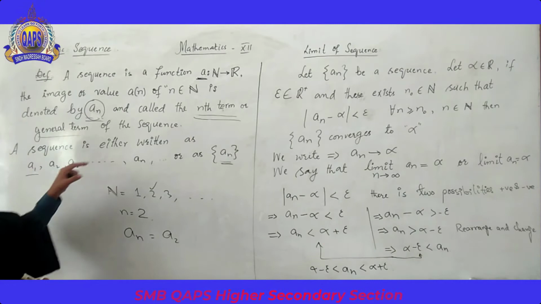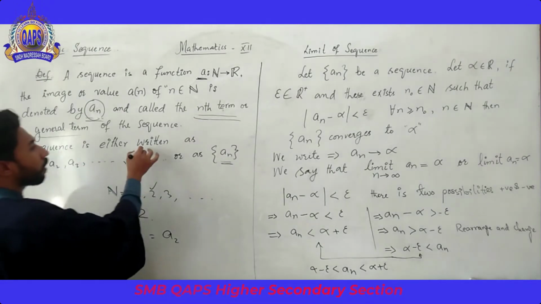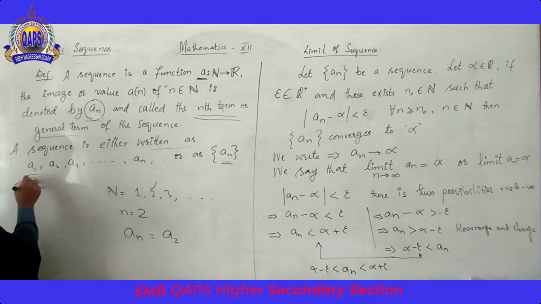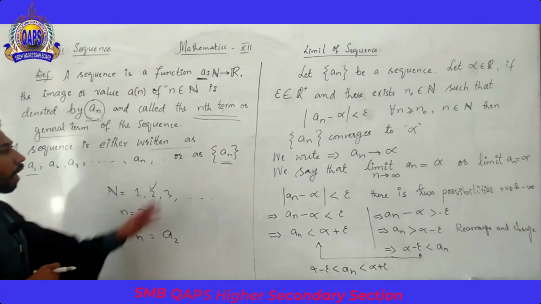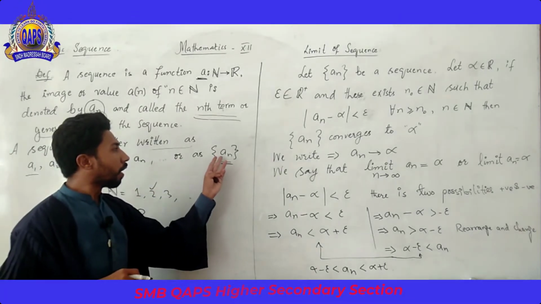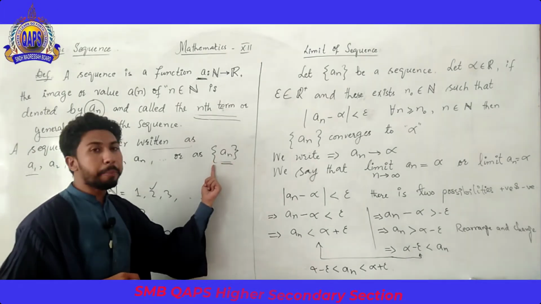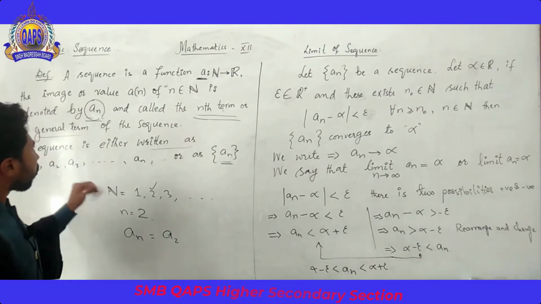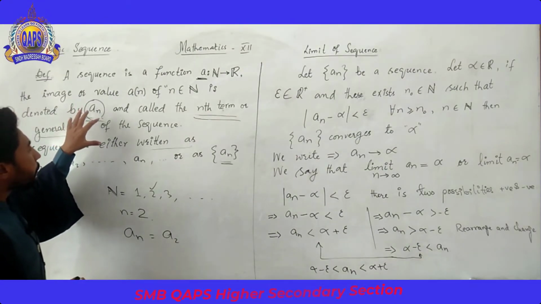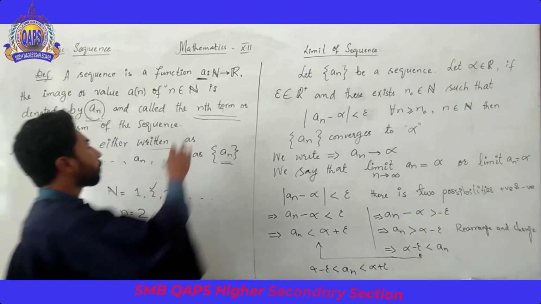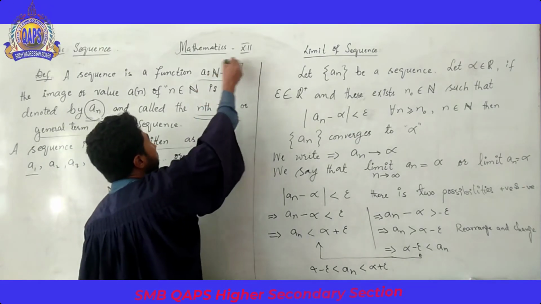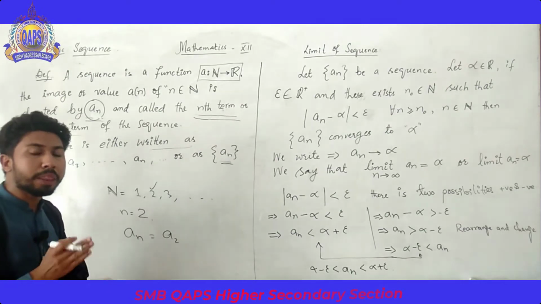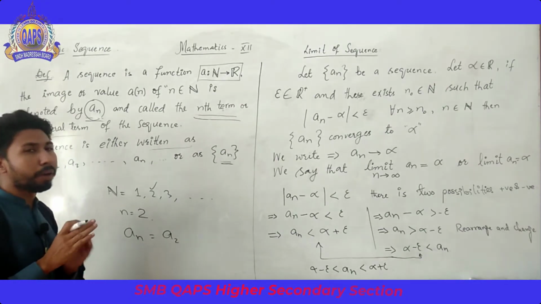A sequence can be written in this form, a1, a2, a3 up to a_n, or you can say the general term in brackets, {a_n}. The main point is that this function is the main reason we apply the sequence in the limit of a sequence.